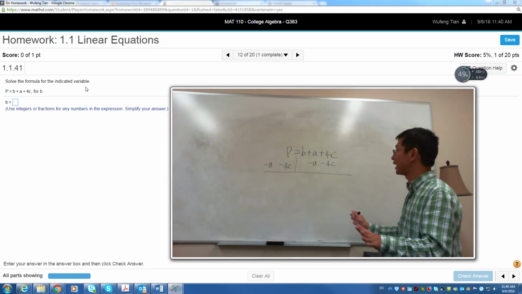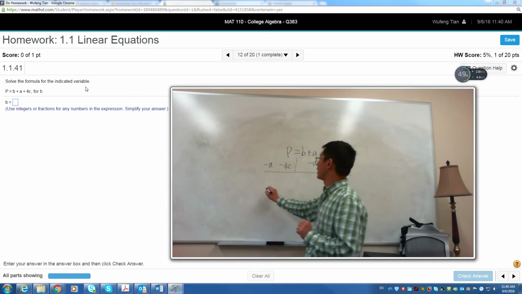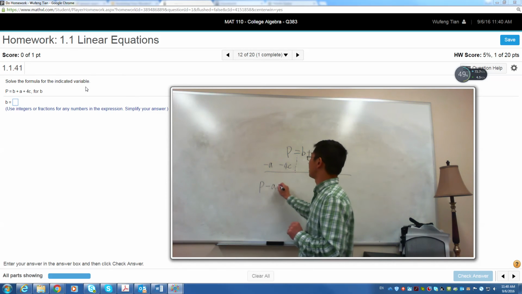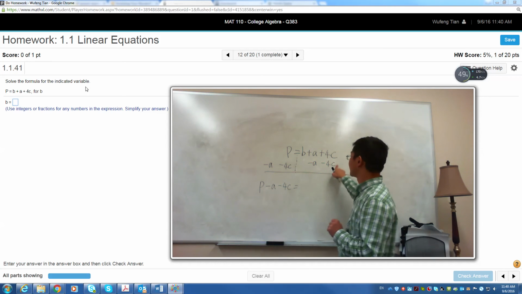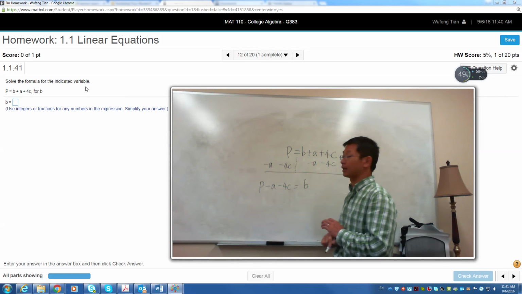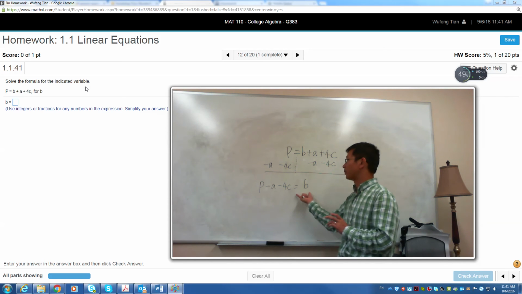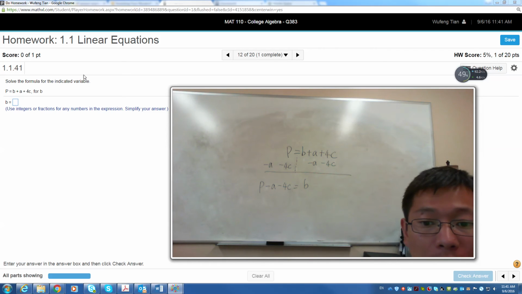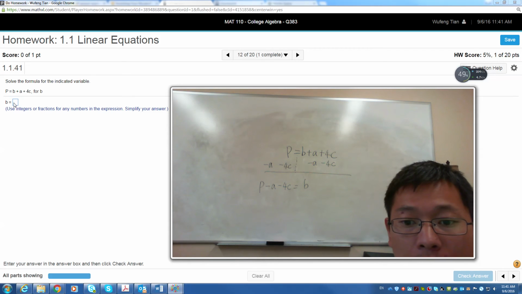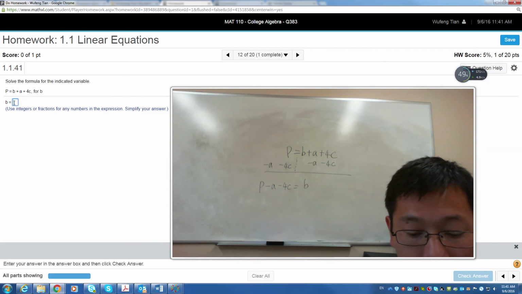We cannot combine like terms. Then we just write p minus a minus 4c equals, the a and a cancel out, 4c cancel, you're going to have a b here. So that's how you solve for b, isolate b. That's your answer. b equals p minus a minus 4c.